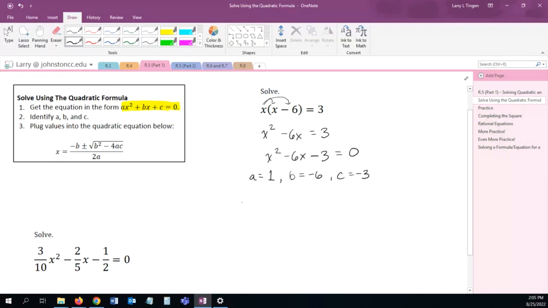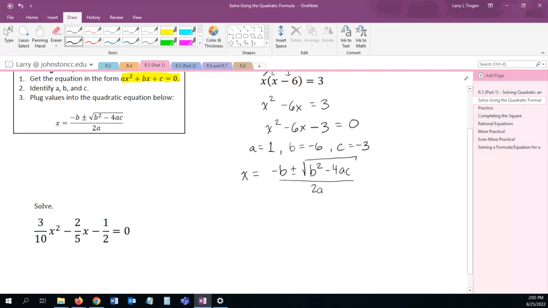Okay, so let's plug in. x is equal to the opposite of b, plus or minus the square root of b squared minus 4ac, all divided by 2a. And what do I have? b is -6.